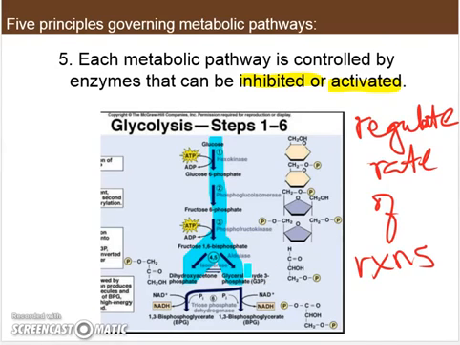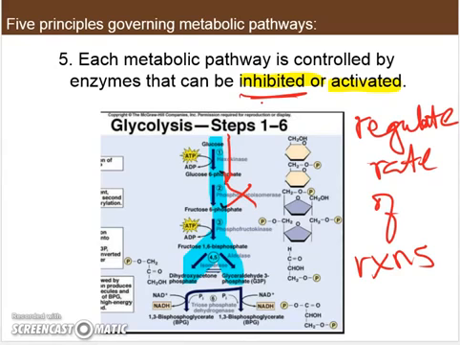But if our enzymes, say for instance, are inhibited, then our reaction can only go this far, but this enzyme is inhibited, so it won't go any farther. It'll slow it down if our enzymes are inhibited. So those are the 5 principles governing metabolic pathways.